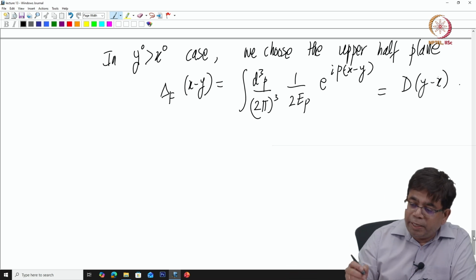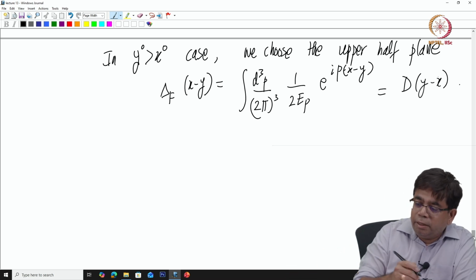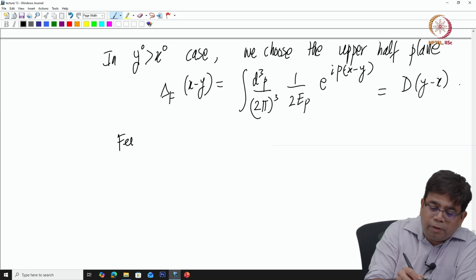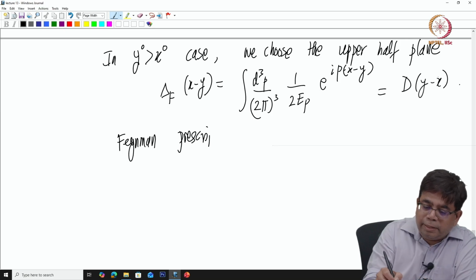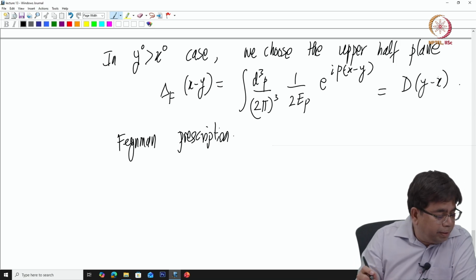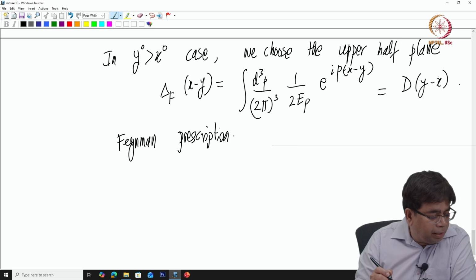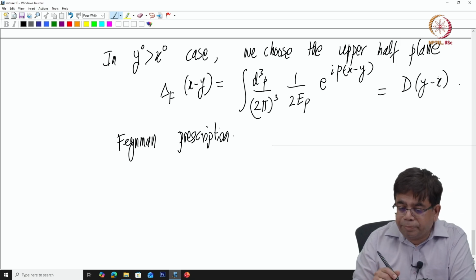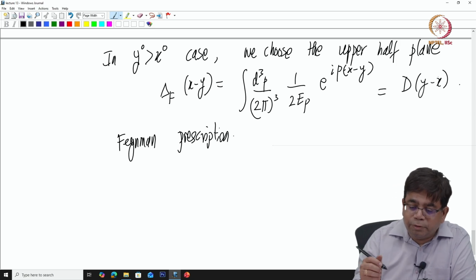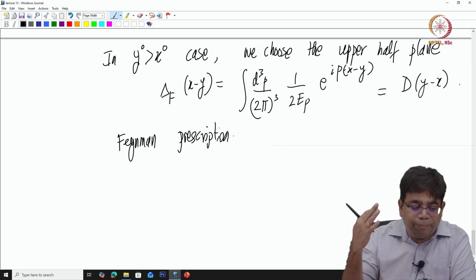This specification of the contour is called the Feynman prescription, and that is the reason why this propagator is called the Feynman propagator. In principle, without actually telling what the contour is, the choice of the contour is understood.